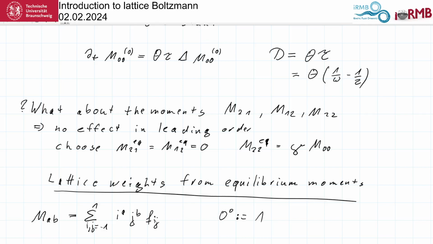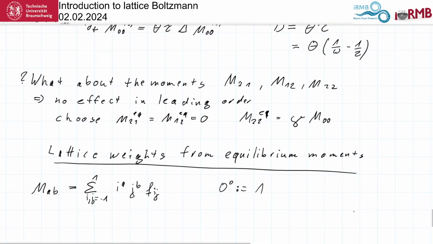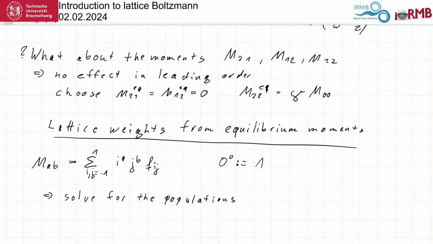Otherwise, if we want to solve this, automatically we'll run into problems. So we solve this equation for the populations. We know how to compute moments from populations, but what we need is populations from moments.